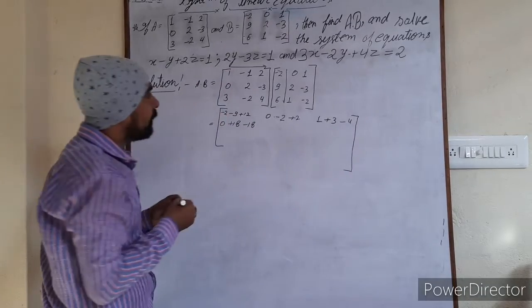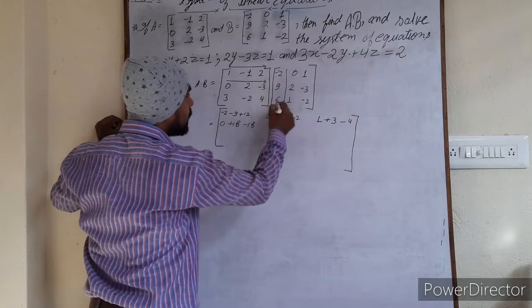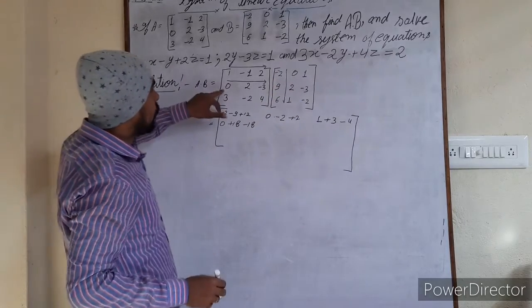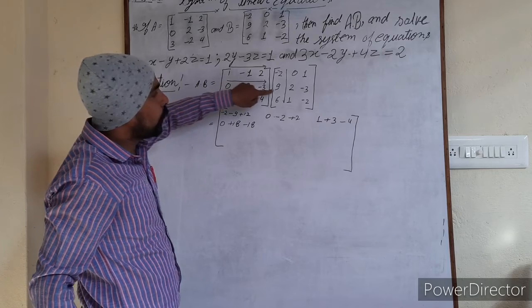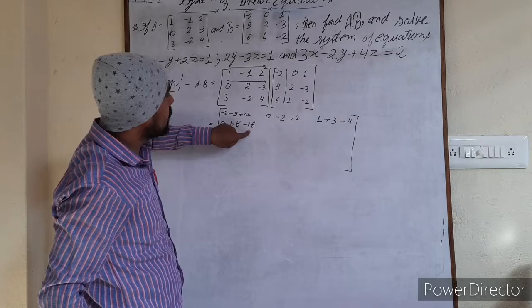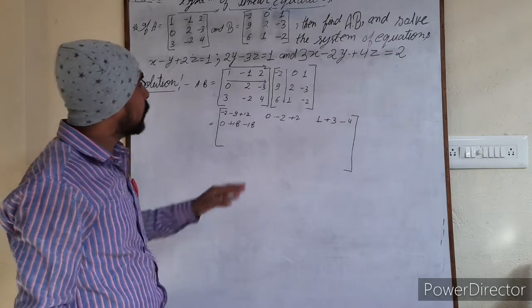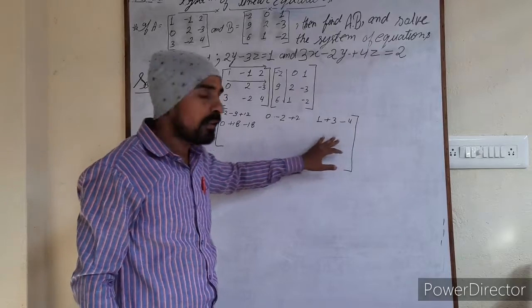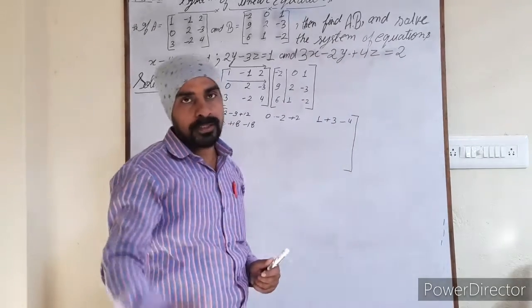I am repeating what I have done. We are going to multiply this row with this column. So 0 into minus 2 will be 0, 2 into 9 is 18, then minus 3 into 6, minus 18. So that will be written here. Same way we will do for the other rows and columns. I hope that you are able to do this.